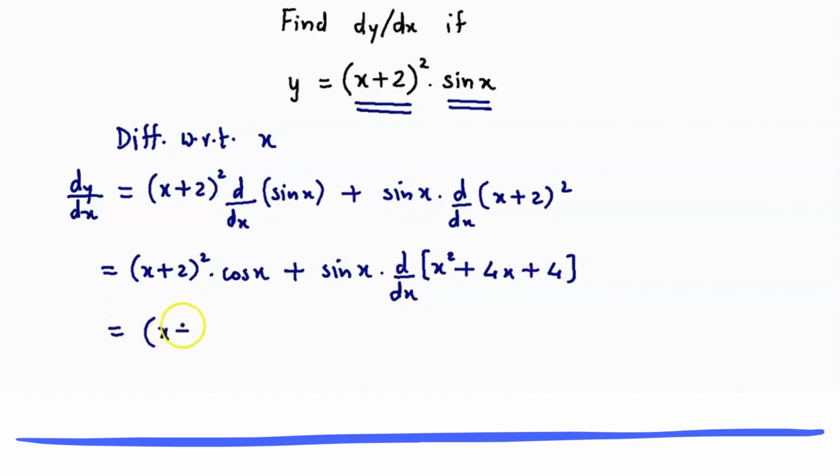So we have x plus 2 the whole square into cos x plus sin x into, now derivative of x square is 2x plus 4 times derivative of x. Derivative of x is 1, so it is 4 times 1, which is 4, and derivative of constant 4 is 0. So we just close the bracket here.